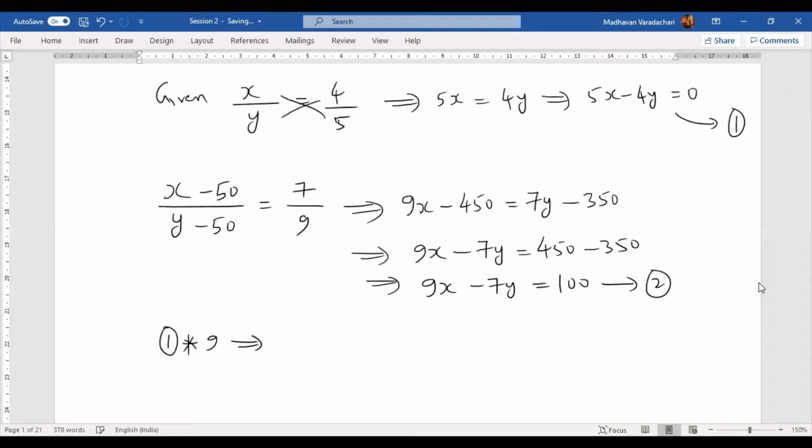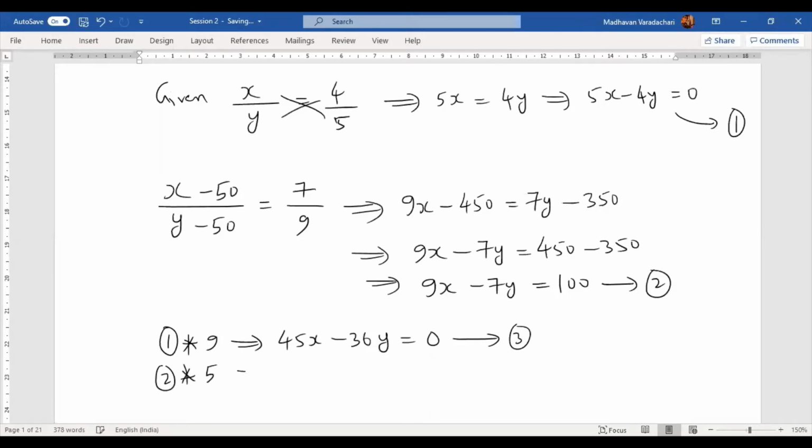So what do we get? 9 5s are 45 times x. 9 4s are 36. So it becomes negative 36y is equal to 9 into 0. It is 0. Call this as third equation.